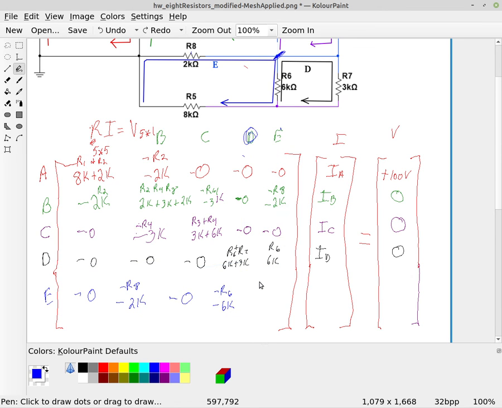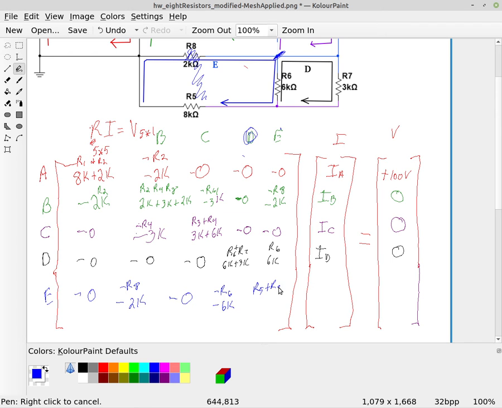All right, and then now we just have our E column, we have our EE column. And the EE column is everything touching E, which is R8 and R5. So we'll put R5 first for numeric order.